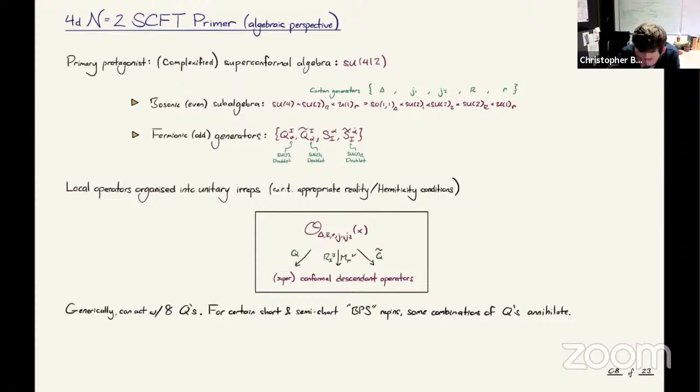But for certain special representations, which are sometimes called short or semi-short or BPS representations, there will be some combinations of these supersymmetry generators that non-trivially annihilate the superconformal primary. And in this case, you have sort of a smaller representation, and these end up being the ones that are interesting from the point of view of sort of exact supersymmetric physics that one can do with these theories. The other operators are very interesting too, but they're not what I'm talking about.